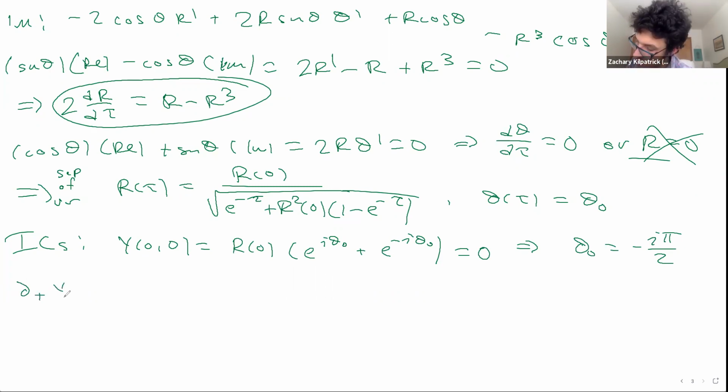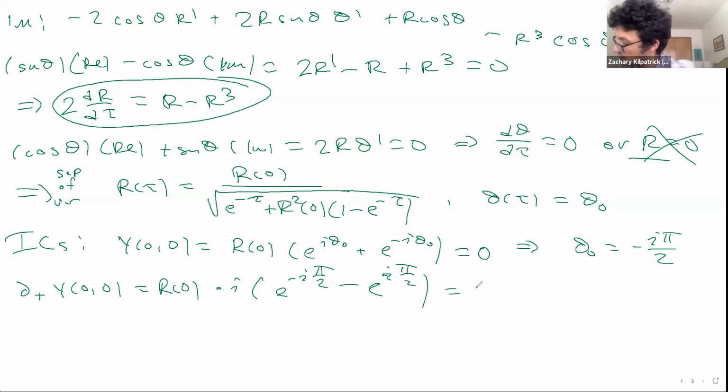And then we have dy/dt at 0 is equal to r0 times i (e to the minus i pi over 2 minus e to the i pi over 2), which is equal to 2r0, which is equal to 2a. So that means that r of 0 is equal to a.